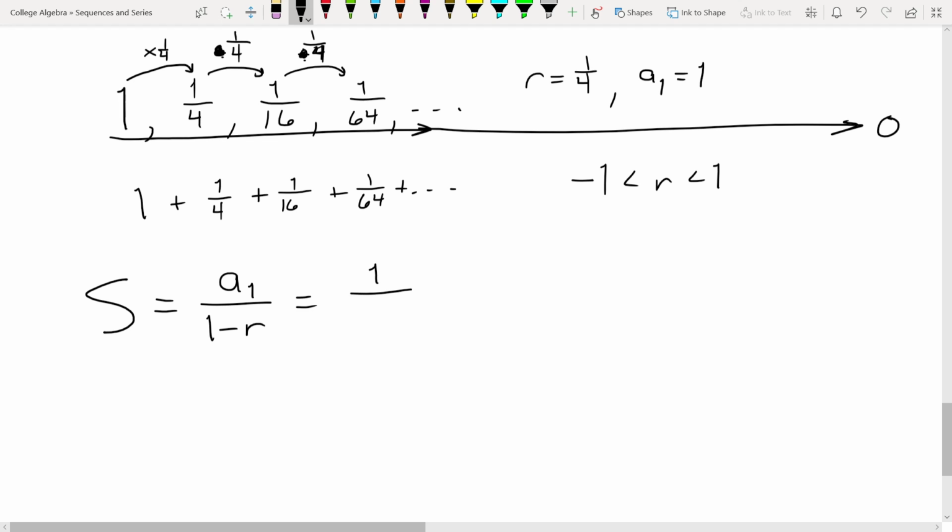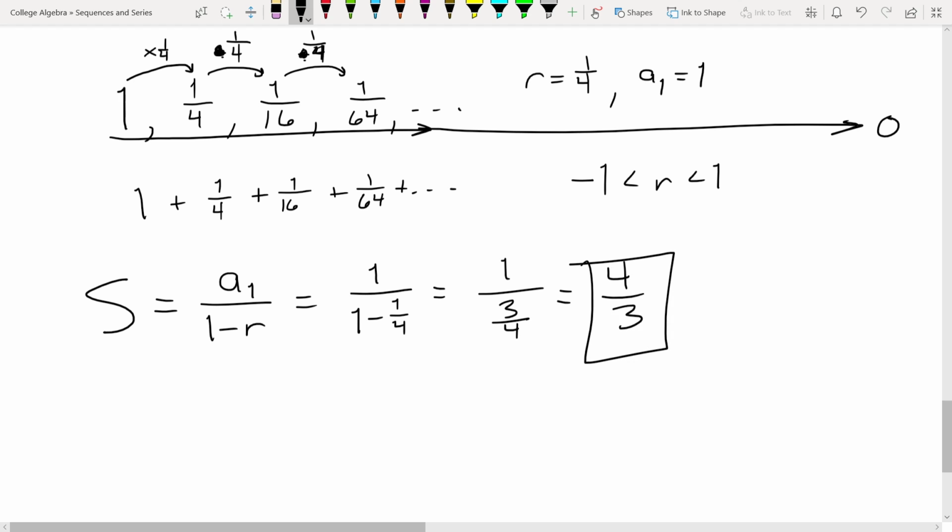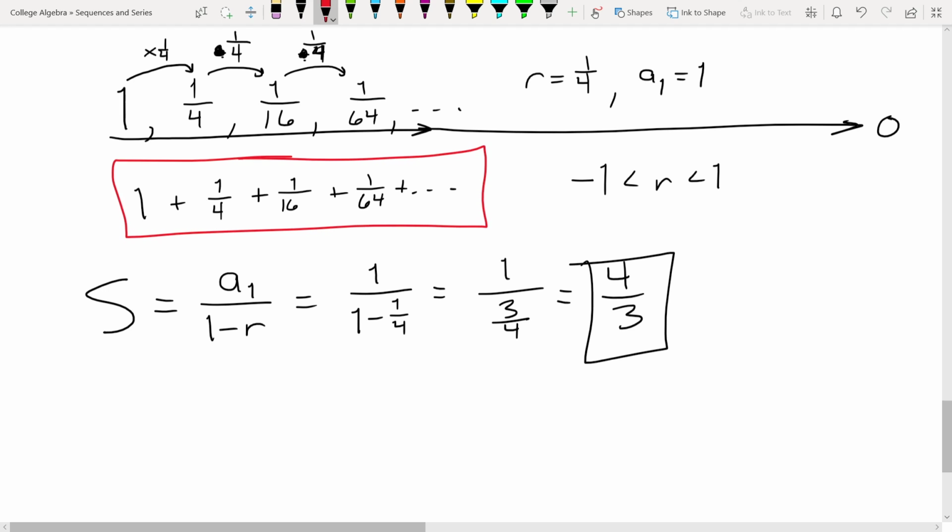We have 1 over 1 minus 1/4. We get 1 over 3/4, which is 4/3. So if we were to actually do this summation here, it goes to 4/3. It doesn't go any higher. It only goes to 4/3.